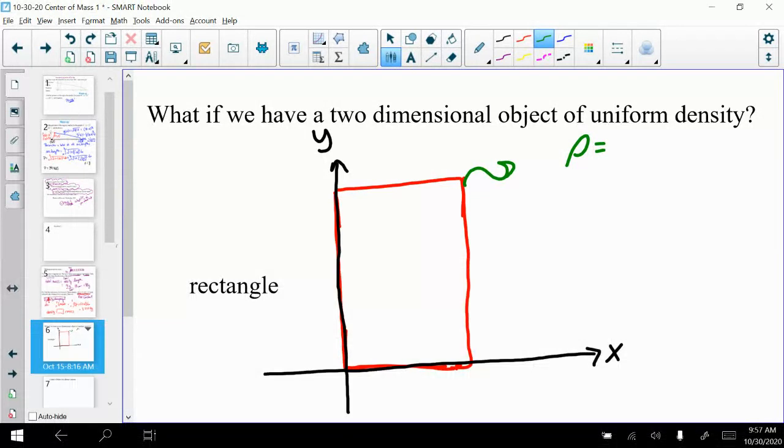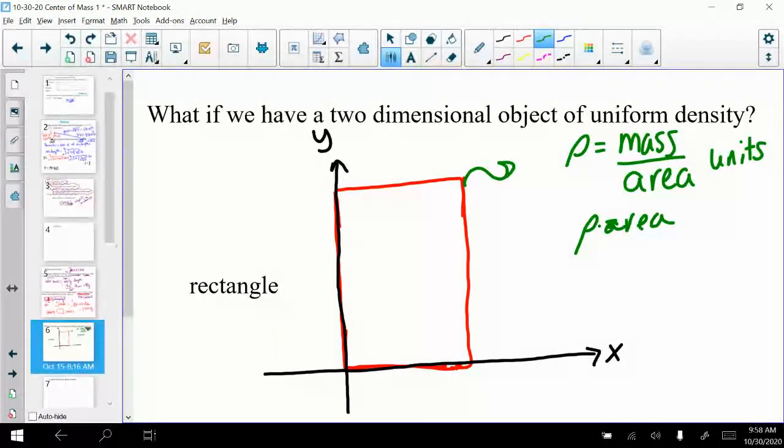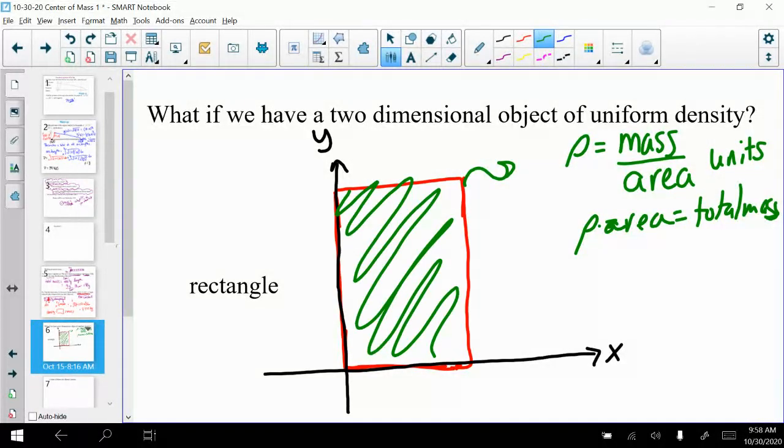Our density is going to be given to us in mass per area units. So if we want our total mass, we would take our density times our area, which equals our total mass. Like I wanted the total weight of, not weight, but mass of this, okay?